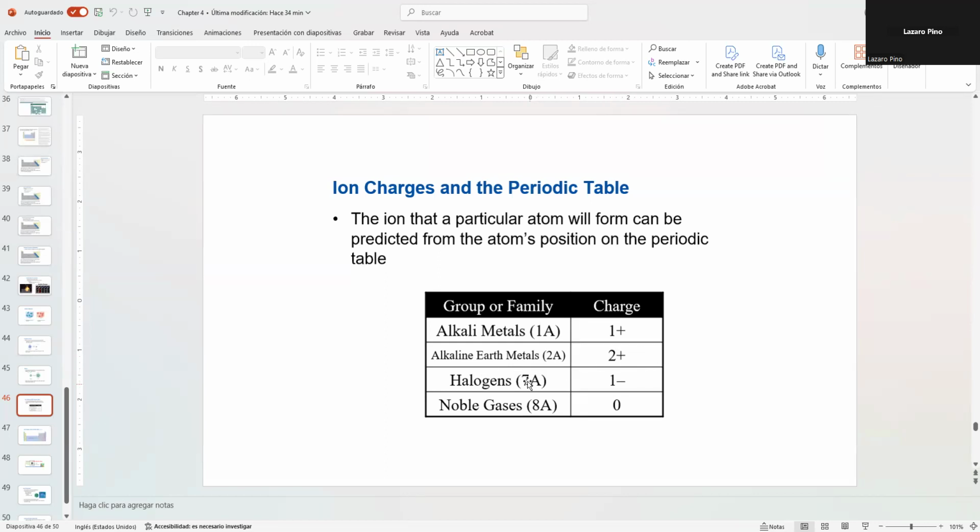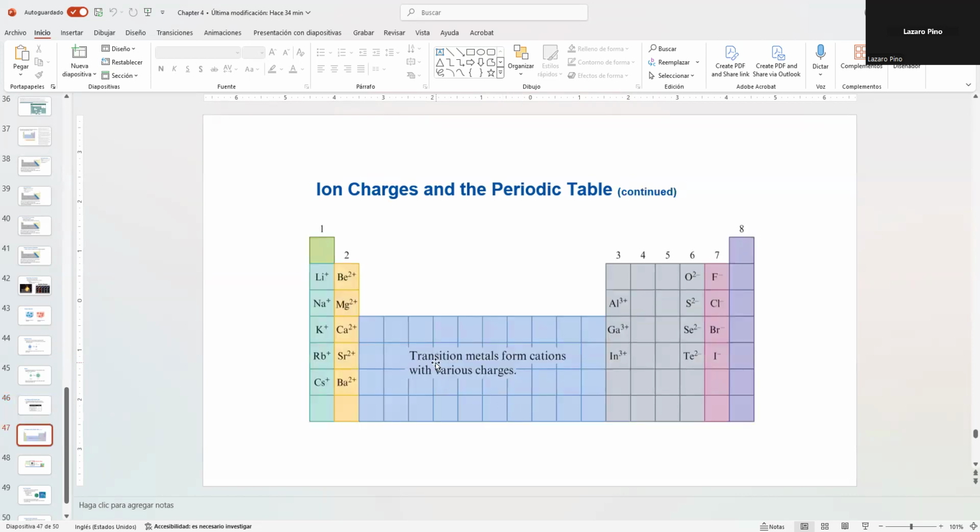The halogens in 7A is -1 and the noble gases 0 because they are inert. They don't react. Here in this table you can see the most characteristic charges in some of the groups in the periodic table. You can stop the video and take note of this.